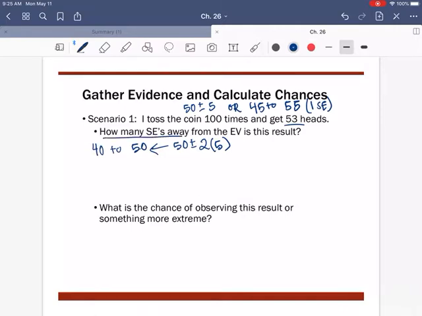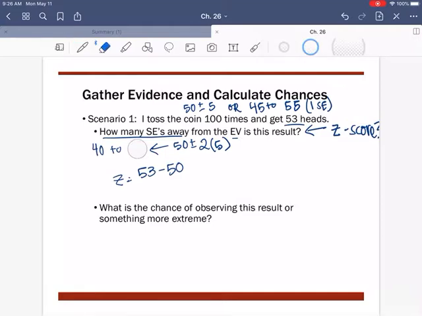So that's pretty reasonable. We can figure out exactly how many standard errors it is away from the expected value. This is just asking for z-score when it asks how many standard errors away it is. So we can do z is equal to 53 minus the expected value. Ooh, sorry, this should be 60, not 50. That's probably been bugging you.